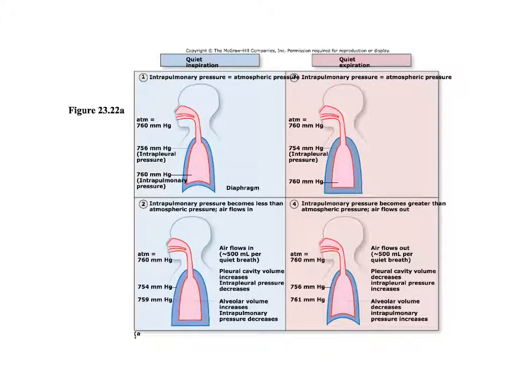Okay, so here are some numbers. Quiet inspiration: 760 in the atmosphere, 756 in the intrapleural space, 760 in the lungs, and the diaphragm is domed.